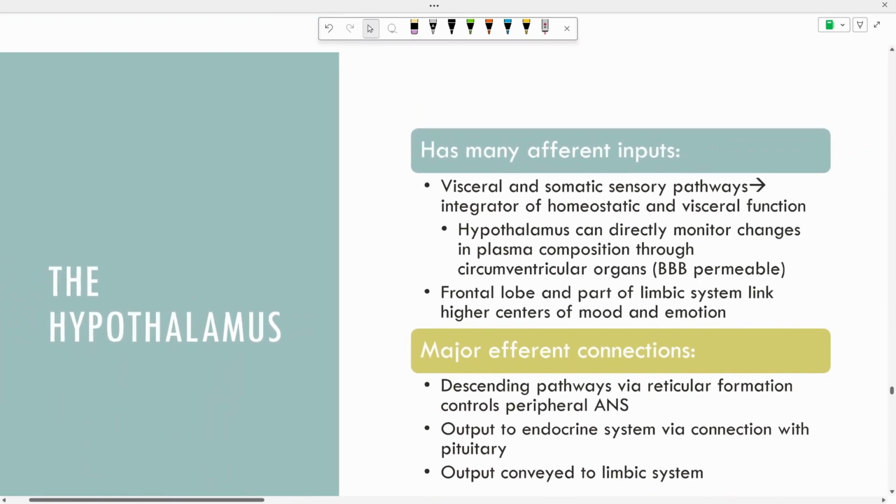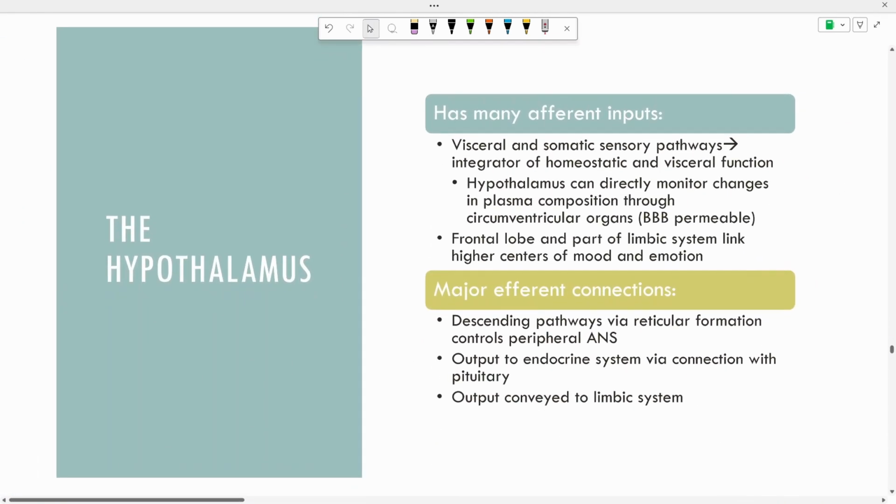So hypothalamus, obviously a lot of afferent inputs and efferents. I'm sorry, before I mentioned that anything leaving is afferent. Visceral, somatic input is going to come here. And remember, hypothalamus is outside that blood-brain barrier.